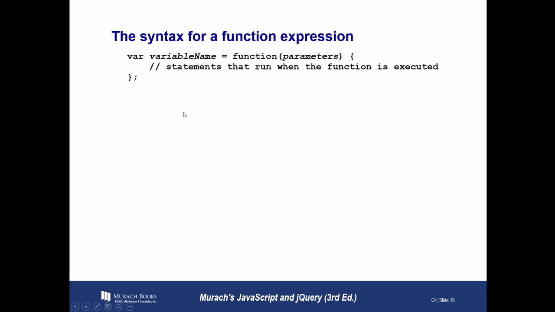So let's jump into functions. There are 2 major types of functions that you can write. JavaScript, like some other languages, but really not like a lot of languages, gives you a lot of power that you can use with functions.